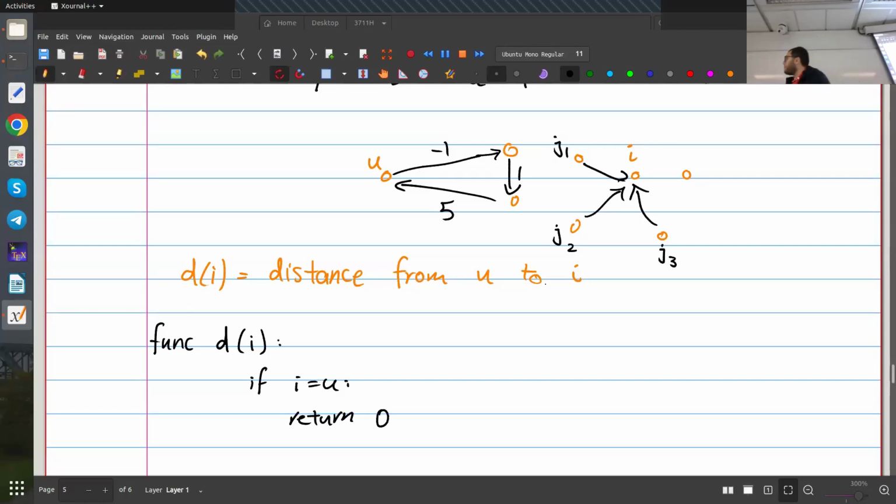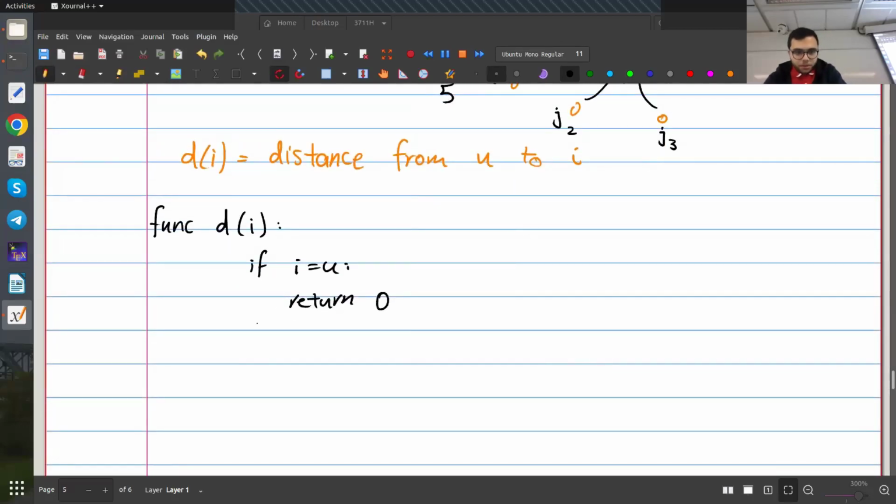Okay. So the shortest path from U to I is either going from U to J1 and then taking this edge to I, or it's going from U to J2 and then taking this edge to I, or it's going from U to J3 and then taking this edge to I, and so on. So I'm just going to do a case fork over this, and of course I'm going to take the minimum distance among all of them.